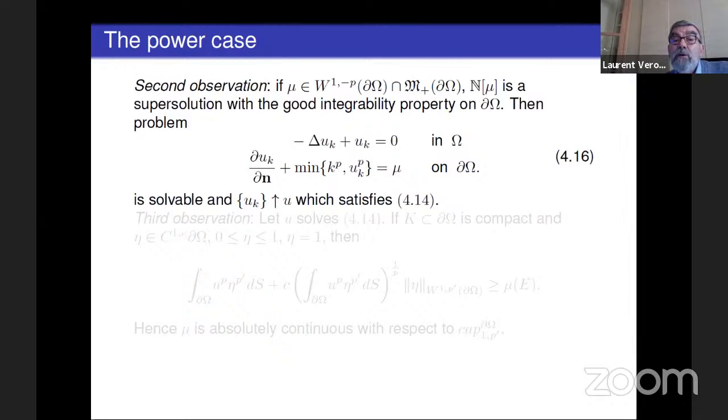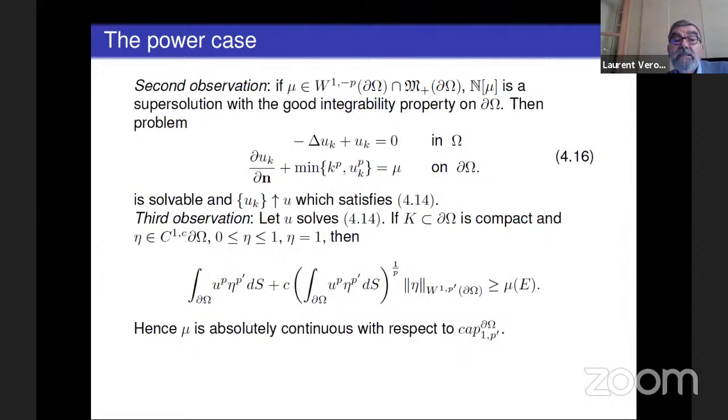And you solve the problem. Now you can solve the problem with truncation, and now you let k go to infinity, and then it converges to some solution which satisfies the equation. So you have a solution. So this is when mu belongs to this space, it's good.